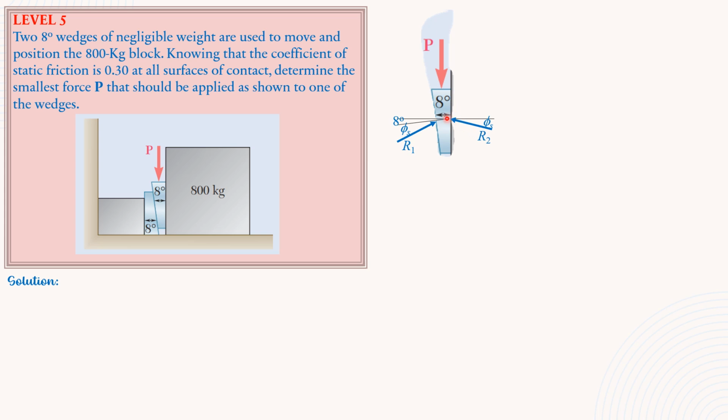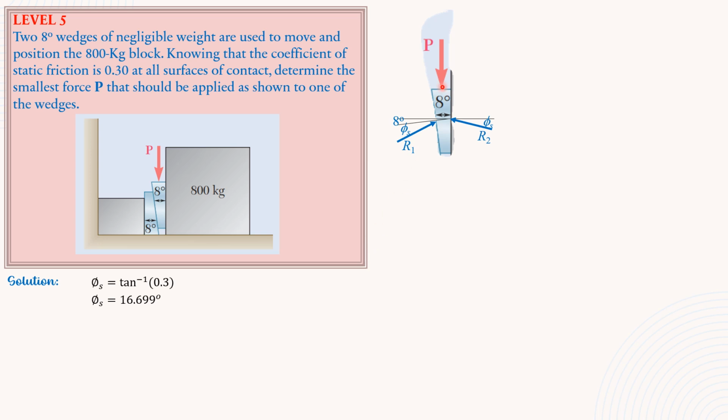R2, because the normal is horizontal, makes an angle with horizontal of φs only, where φs is inverse tangent of 0.3. So φs is equal to 16.699 degrees.